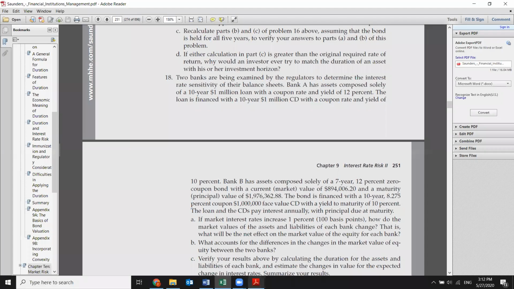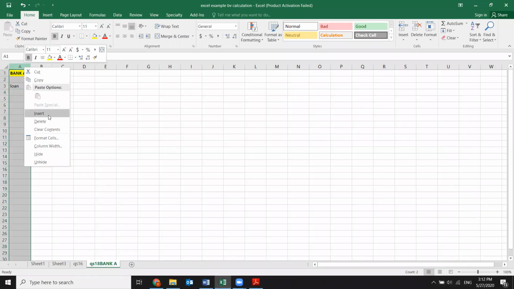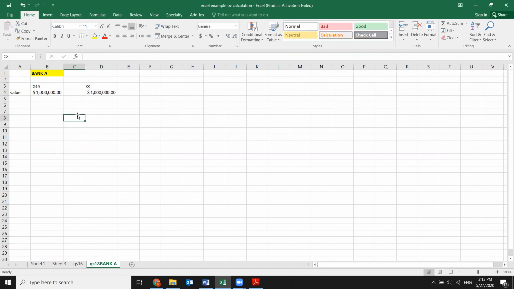So the information says that, let's start with the CD because the initial stage was the CD, because the CD we collect and then we give a loan. So the value of the CD was 1 million. So we collected a deposit of 1 million and we gave these loans as 1 million.